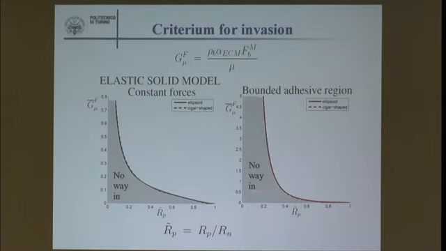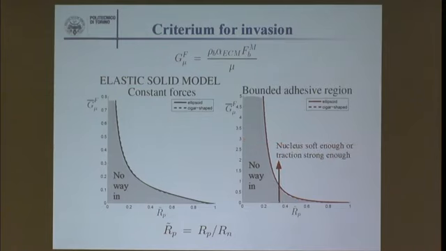And in this region, there is no way the cell can go through the microchannel. Which means that, for instance, if you have a given cell with some given characteristics, if the pore relative to the nucleus is too small, then it will not go through, and if the pore is large enough, then the cell will be able to penetrate.